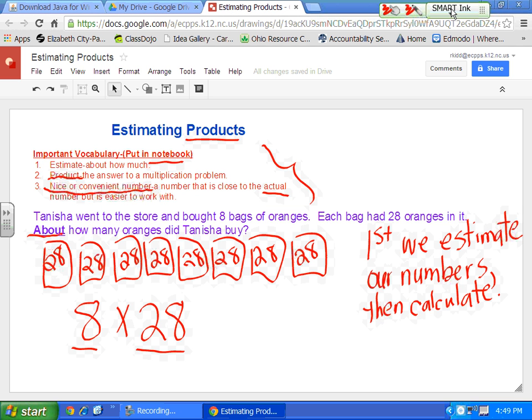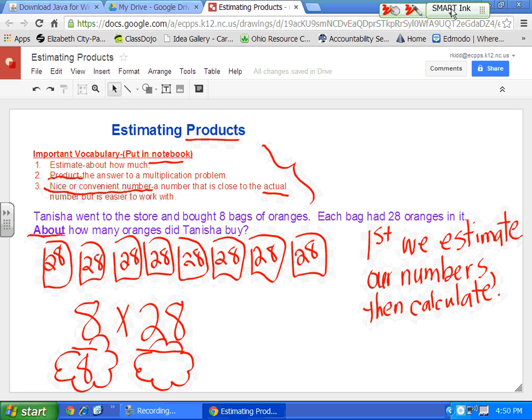So 8 is already simple by knowing our multiplication facts, we know 8 times 10, 8 times 12. So 8's already simple enough. So I'm going to just keep 8 the same because it's already a simple number. However, I want to look for a nice or convenient number for 28. Now, 28.